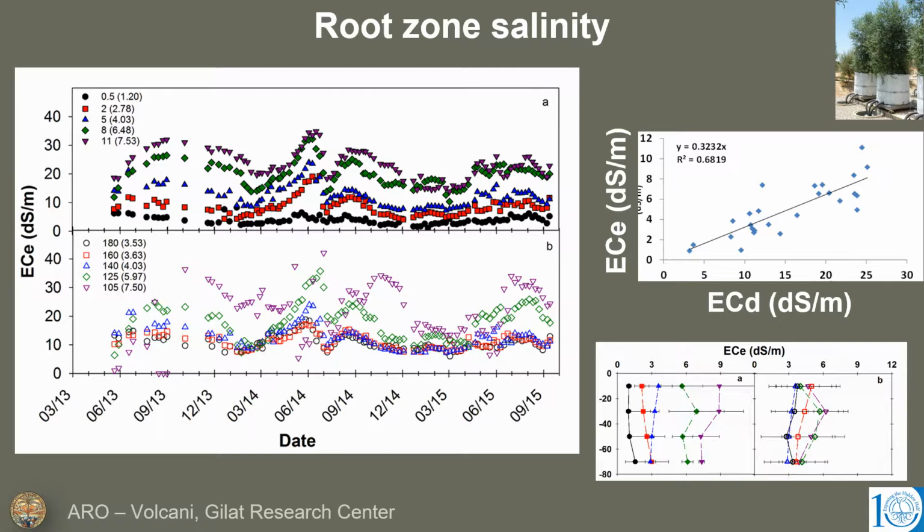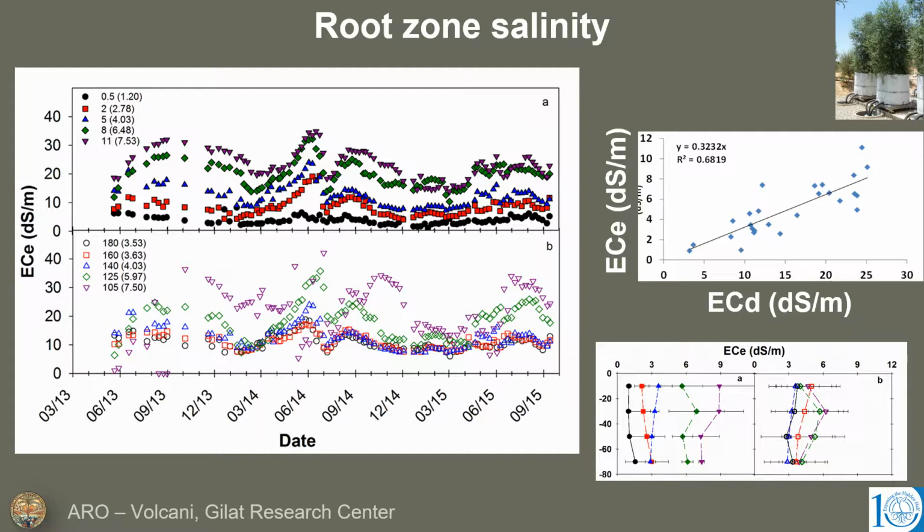So just a slide and a half about how I'm going to show this data, because what we did was find a relationship between the drainage water coming through the root zone and its salinity, and soil solution salinity, or saturated paste salinity from soil samples that we have.